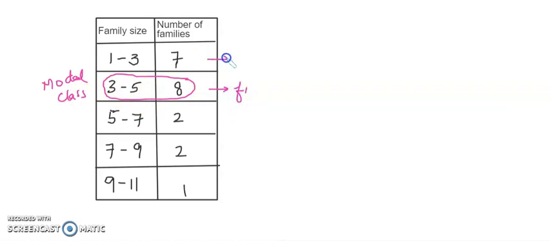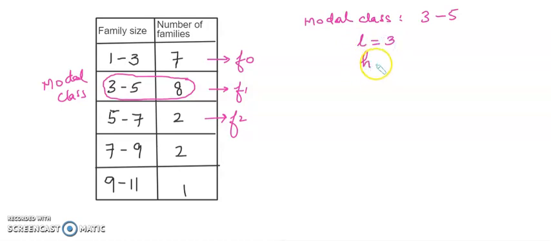The frequency of the class which is just above, or before, the modal class is termed as F0. The frequency of the class which comes after the modal class is termed as F2. Now, let's list out the modal class because we need to find the lower limit and the class length. So, the modal class is 3 to 5. The lower limit is 3 and the class length is 5 minus 3, which is 2.